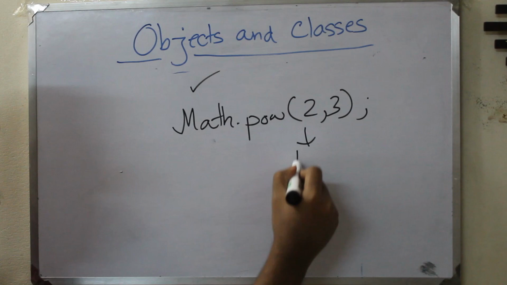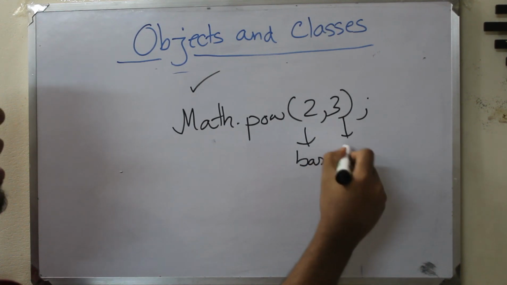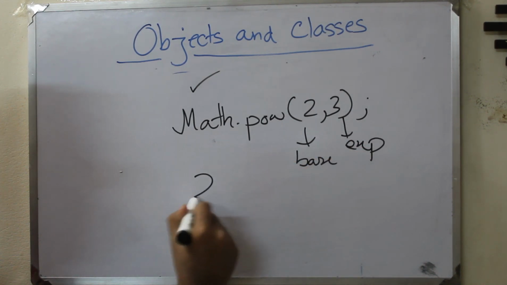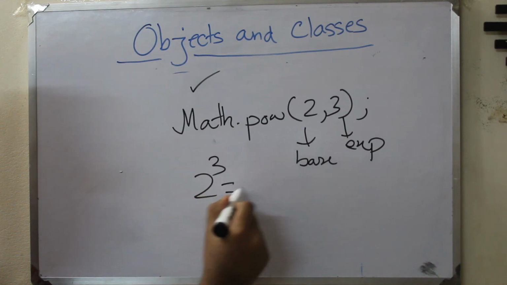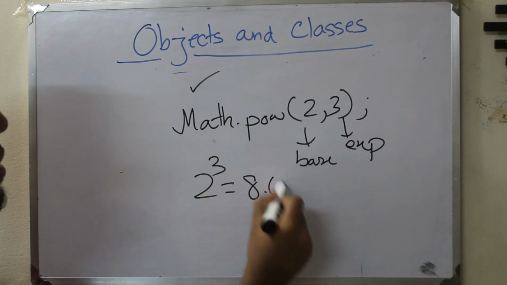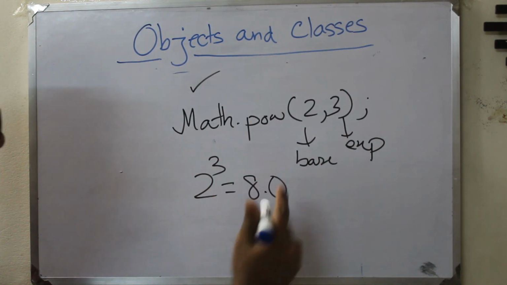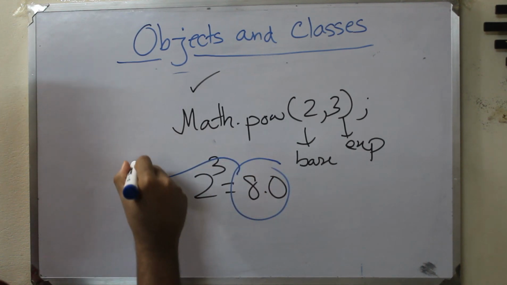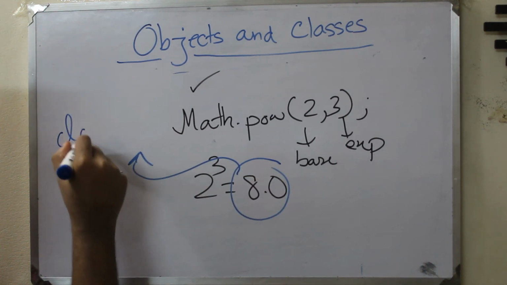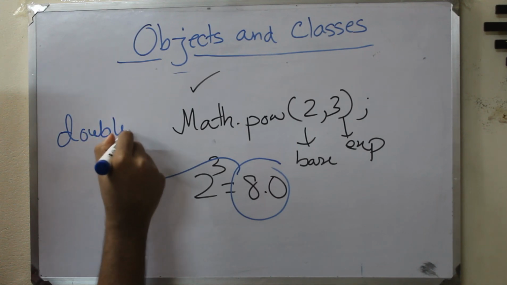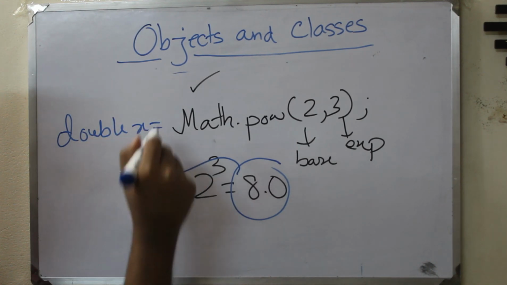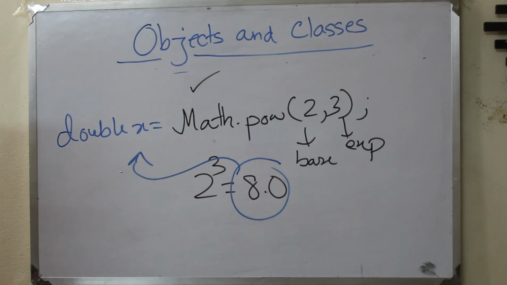Here 2 is the base and 3 is the exponent. So it basically calculates 2 cubed and the result is a double. That means after calculating the value, this method returns a double value, 8.0. To store this value, you may write double x is equal to Math.pow(2, 3).